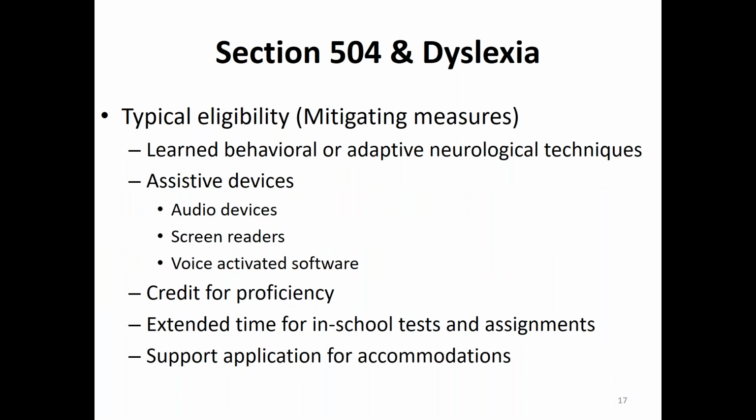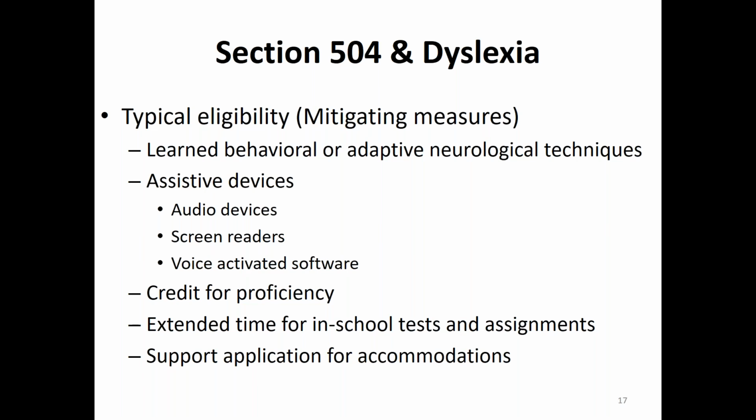Here's a slide of potential accommodations that students with dyslexia could receive under Section 504. One area is in assistive devices. Another area is credit for proficiency, where we may set a criteria to ensure that the student has mastered the skill, and we may not need the entire assignment to do it.